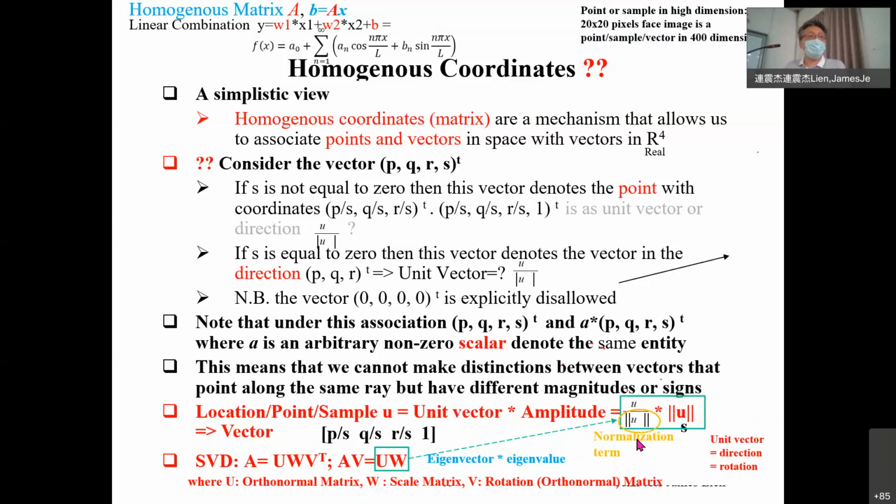好，那我们再继续讲。So for the unit vector, the denominator term, what is this one? This term is for normalization. The denominator term of unit vector is a normalization.